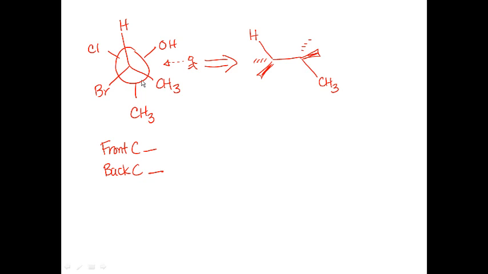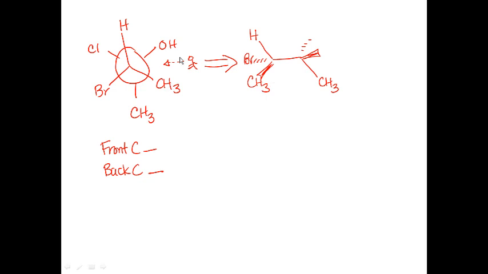And then the front carbon, remember, is the left carbon. So the bromine, when I look at it from this perspective, or when I rotate this molecule around, the bromine would have gone to the back, and the methyl group is pointing towards me. So again, if I'm over here, the methyls are towards me, the chlorine and the bromine are away from me, and the hydrogen and the CH3 are in the same plane as the CC bond. So the methyl is pointing towards me.